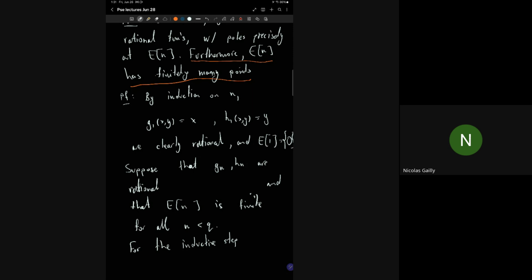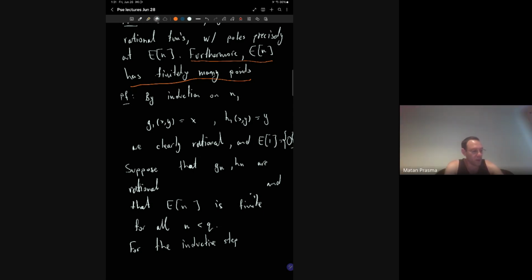Can you repeat why E1 equals 0 for the base case? Well, what is E1?